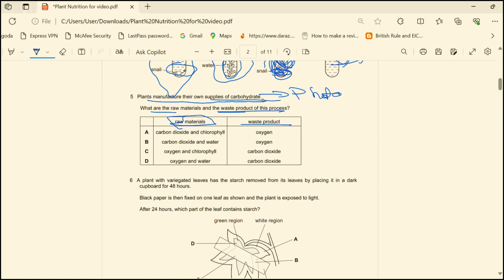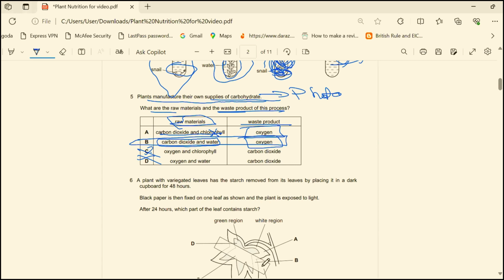The waste product, as we know in photosynthesis, is oxygen, right? So hence C and D cannot be the option. Now the raw materials, if we look, carbon dioxide and chlorophyll. Chlorophyll is not used in photosynthesis. It just helps in the trapping of the sunlight. Okay, while water and carbon dioxide both are used. Hence B will be the answer.